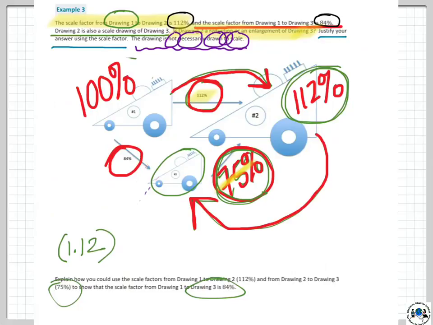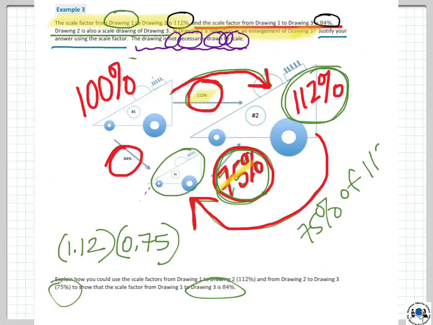75% of course means that we multiply. So I am doing 75% of 112%. This is actually what I am doing, and I'll show you how it works in different ways too, as 112% or 100% otherwise.